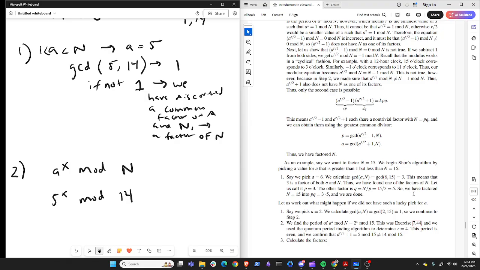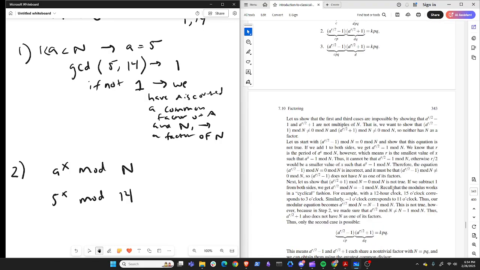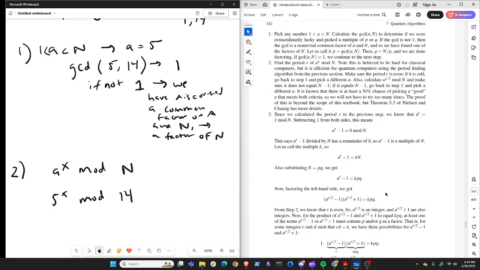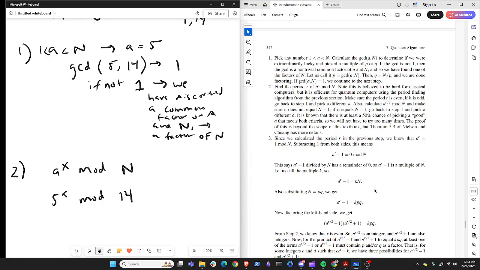And we want to make sure it does not equal n minus 1.